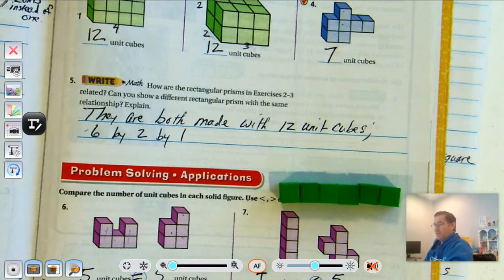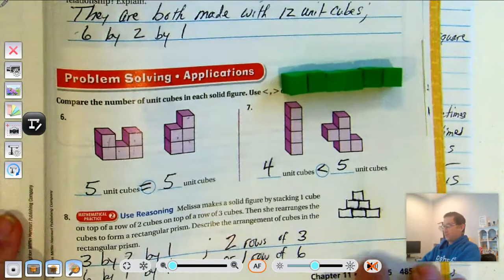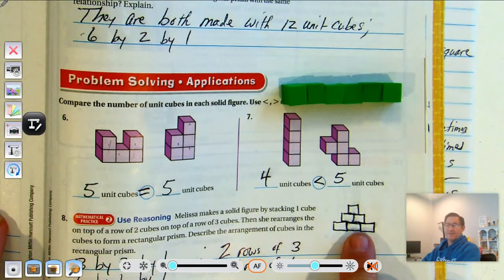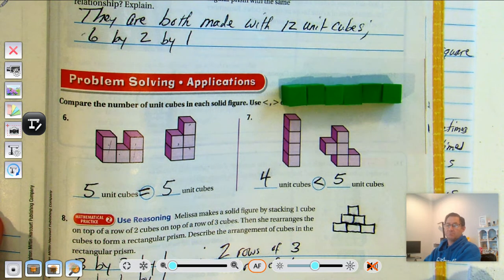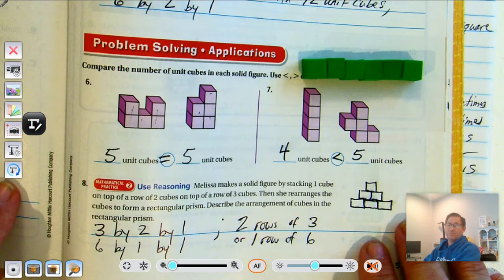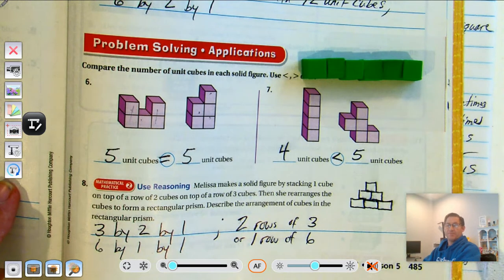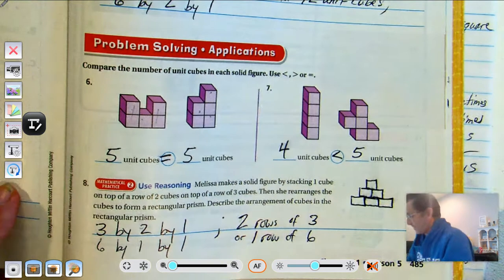Okay. So all we're basically saying is she took this basic shape design and said, okay, how can I make that into a rectangular prism? Okay. So remember, that means the base has to be a rectangle. Now I could have a 3 times 2, or I can have 6 times 1. That's the only way to make 6.